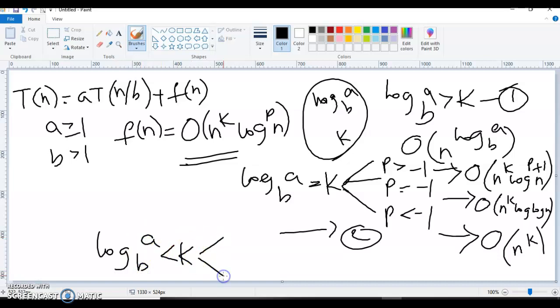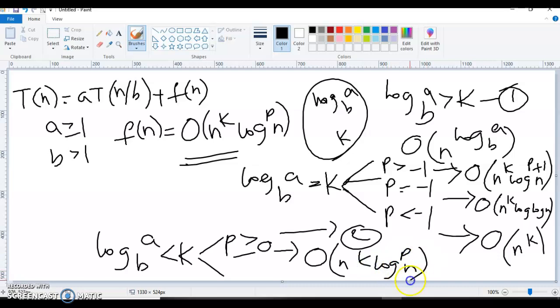Then you again depend on p, where p greater than or equal to 0, you have the solution as big O of n to the power k into log n to the power p, and when p is less than 0, the solution is big O of n to the power k.